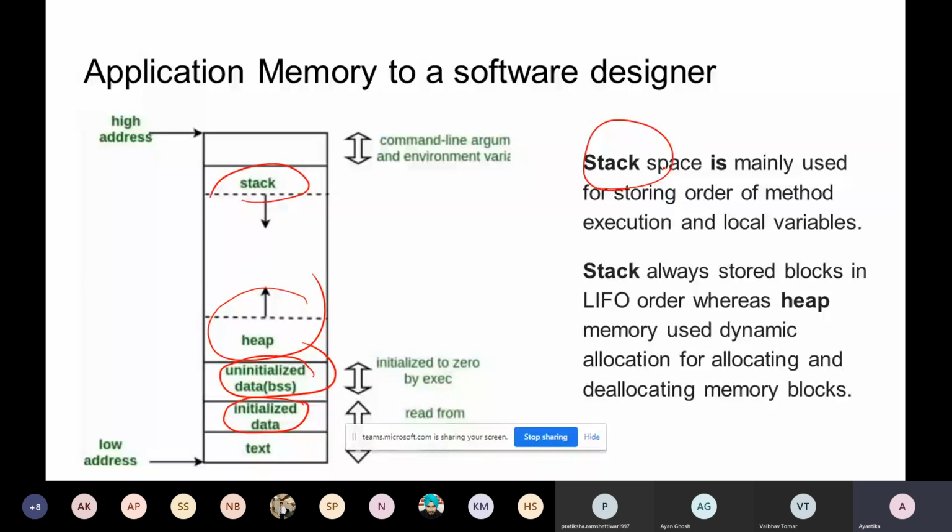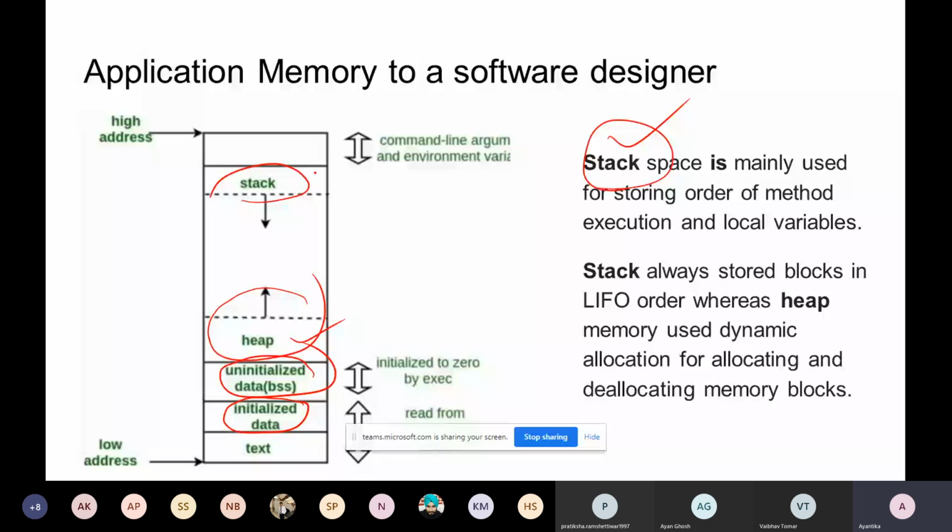Also, when I have to jump from one function to another function, for that some function return pointers are used. So all these things will be stored in the stack, and for dynamic memory allocation, I will use the heap, where I can control dynamically how much memory I will require.